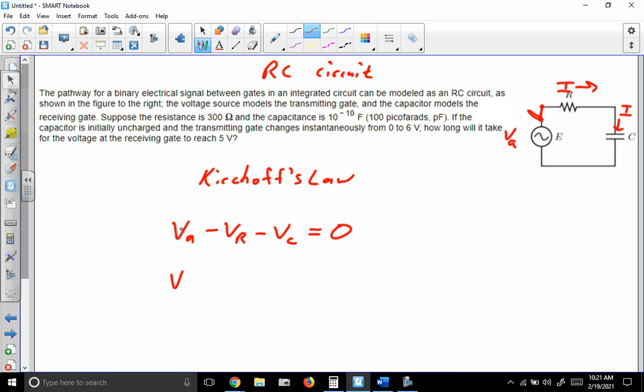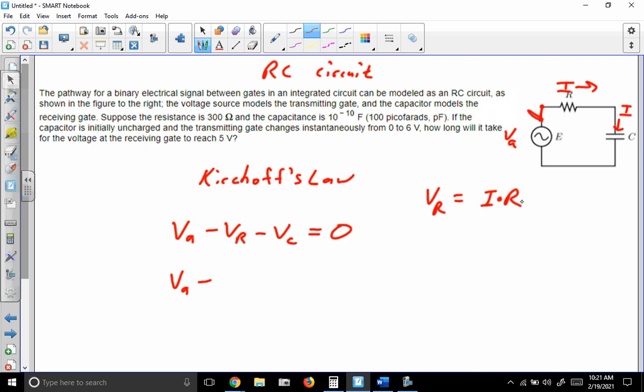Now, our applied voltage, this is going to be a DC circuit, so it's going to be a constant voltage. The way you calculate voltage on a resistor is V equals IR, the current times the resistance. Or if you know the voltage applied to it and you know the resistance of the resistor, you can find the current.